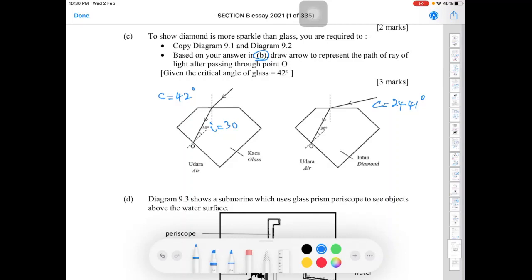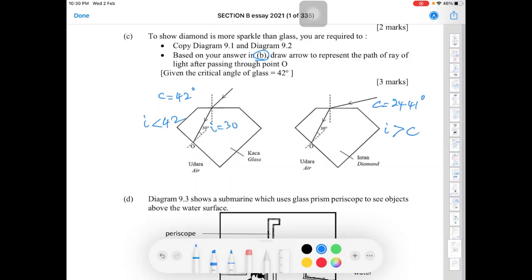That means incident angle ini kecil daripada 42. Jadi kalau kecil daripada 42, that means dia takkan jadi total internal reflection. Tapi dekat sini the I sekarang more than critical angle. More than critical angle. Meaning dekat sini akan jadi, dekat diamond akan jadi total internal reflection.